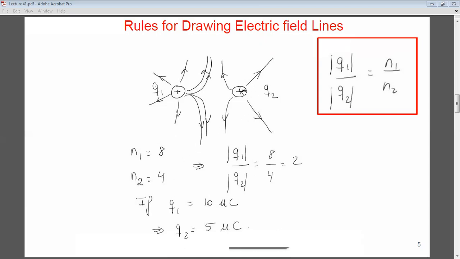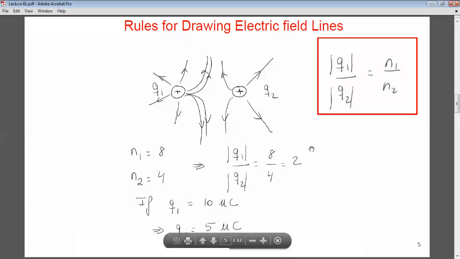The number of field lines for Q2 is 1, 2, 3, 4. We apply this formula: Q1 over Q2 equals N1 over N2, which equals 2. So if Q1 equals 10, then Q1 over Q2 equals 2 gives 10 over Q2 equals 2, so Q2 will be equal to 5.